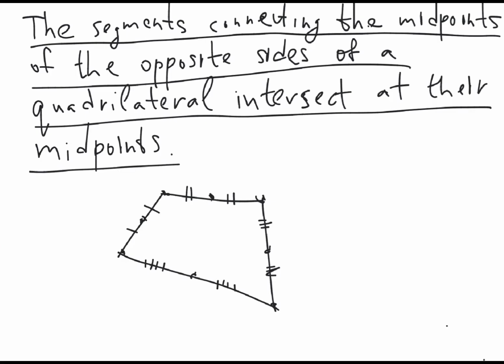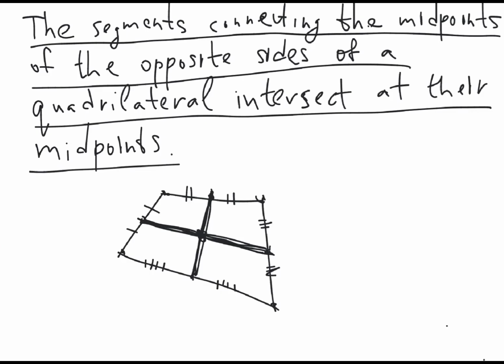And we connect the midpoints of the opposite sides. So this segment and this segment. So we consider these two segments and their intersection point, and the theorem basically states that this intersection point divides each of these segments in half.